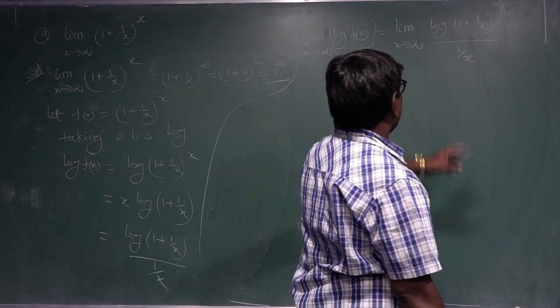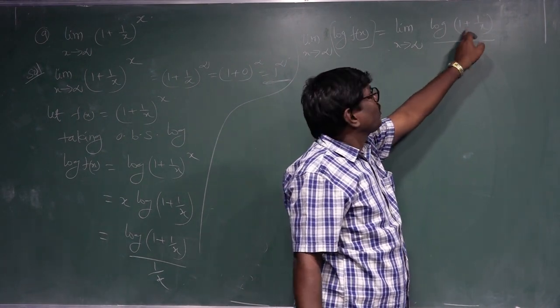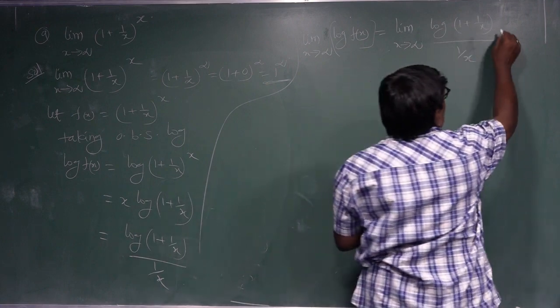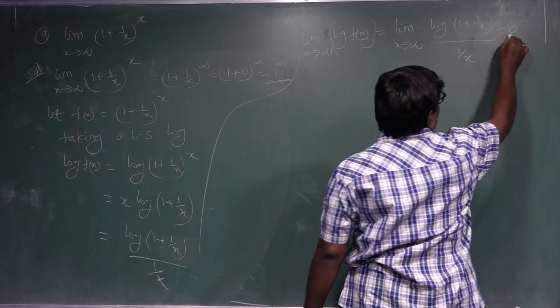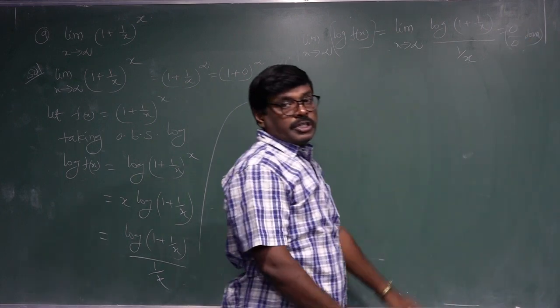Substituting, log of (1 plus 1 by infinity) is log of (1 plus 0) equal to log 1, value 0, by 1 by infinity, value 0. This is an indeterminate form, 0 by 0.